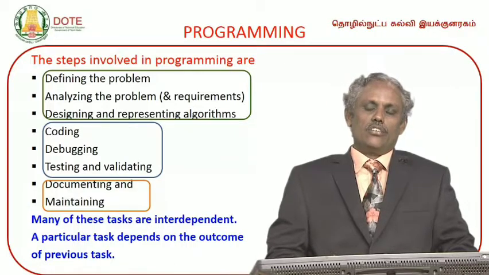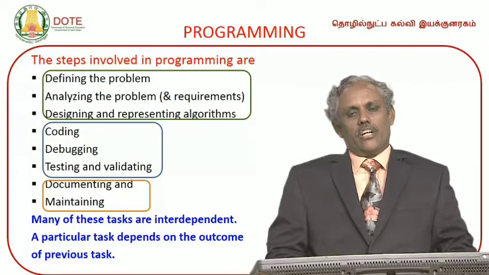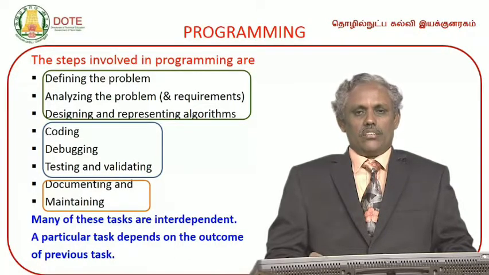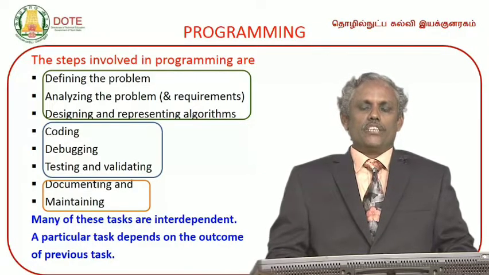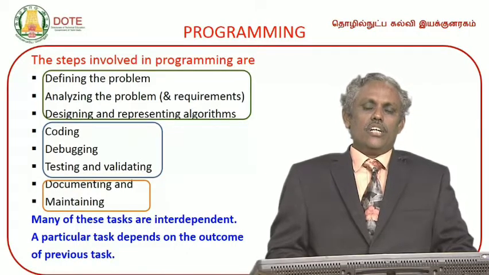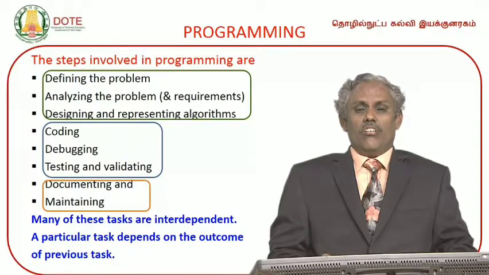After developing an algorithm or a method, the programmer starts writing the code, which is called coding. Then there is debugging, testing and validation, and finally documentation and maintenance. These three major phases will be explained in the coming slides.